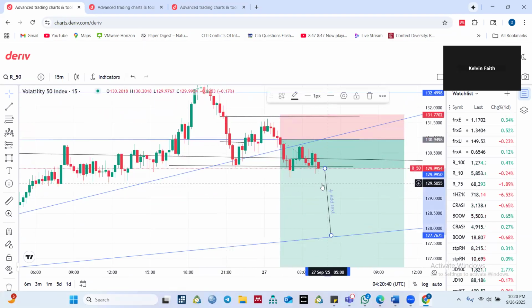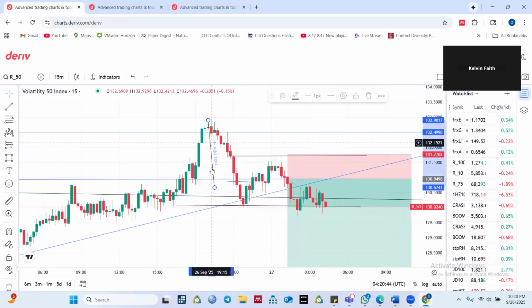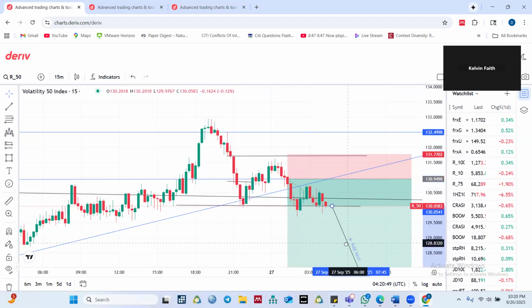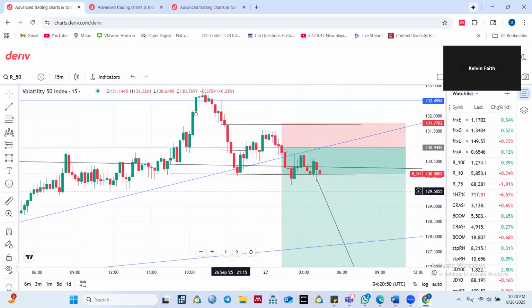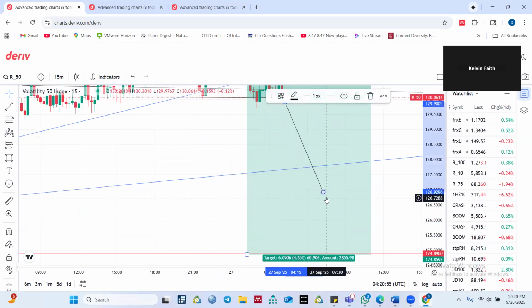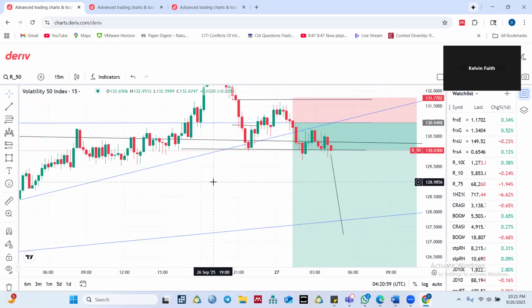But if I measure this leg here to here, I can anticipate another move like this. Yeah, so it's equally similar. Let's see if it will play out. And I'm holding a tight stop loss on it.